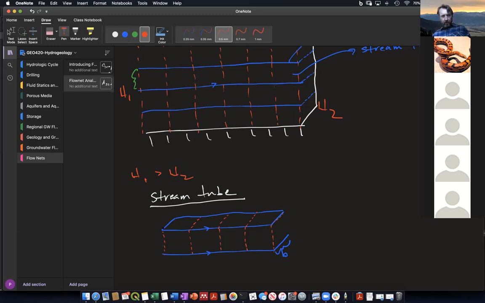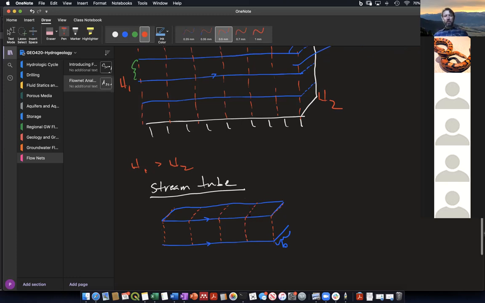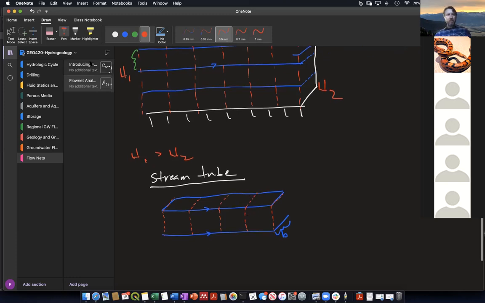Okay, so these are our head contours, and this is our stream tube. Now let's put some dimensions on this. Let's say that this is the X direction. This is the Y direction. And let's put some dimensions on one of these boxes.